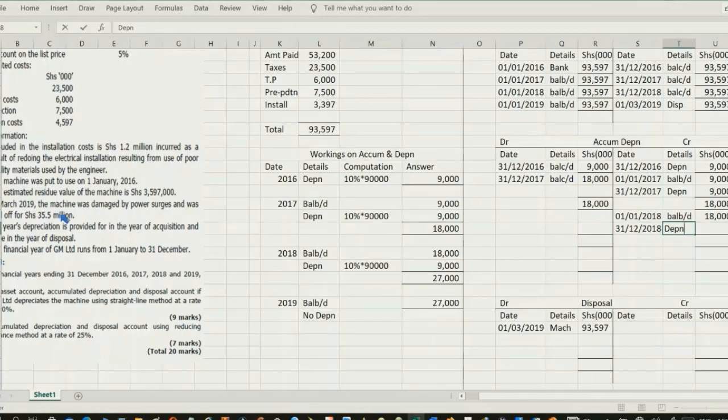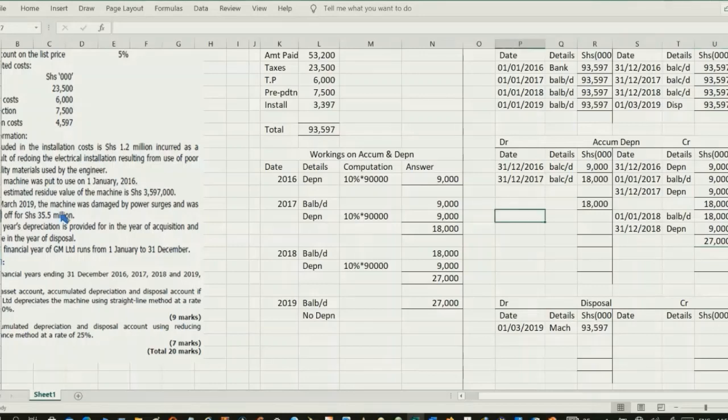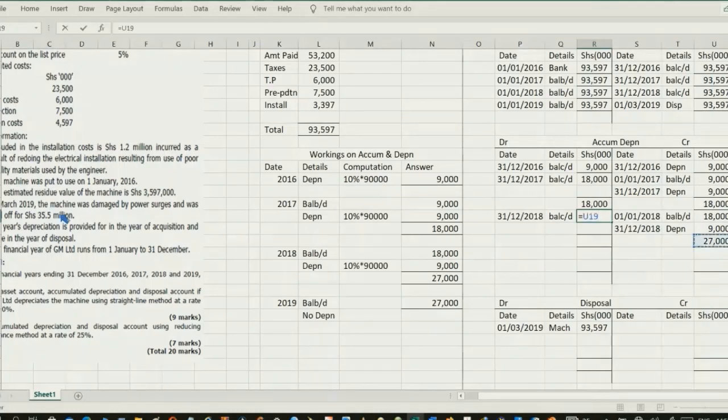So literally, with straight line, the method does not change, so we'll have 9,000 again, giving us a total of 27,000. Then we'll close off for the financial year, showing our closing balance of 27,000.